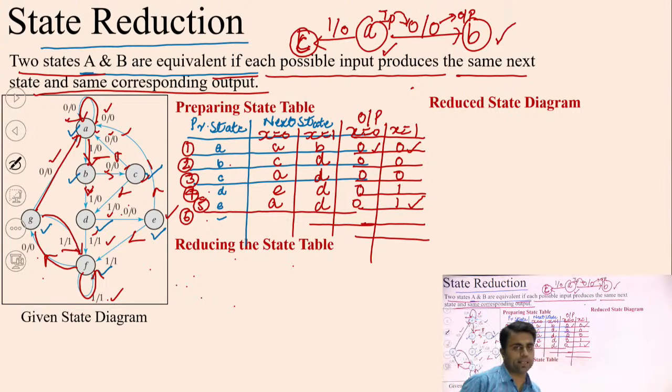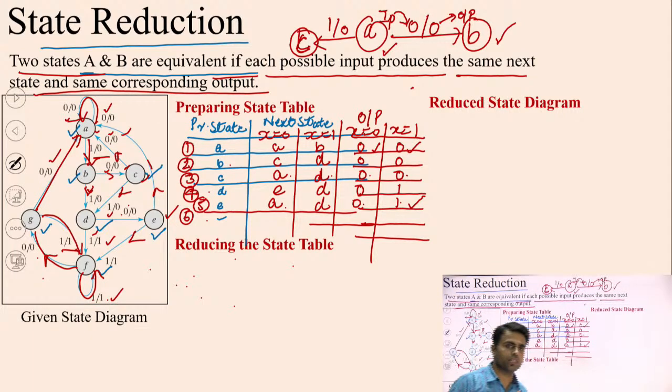There are no two rows which are exactly similar, although there is similarity between C and E: A is here, A is here, D is here, D is here, 0 is here, 0 is here, but here a slight difference is there. For X is equal to 1, outputs are different. That means C and E are not same.